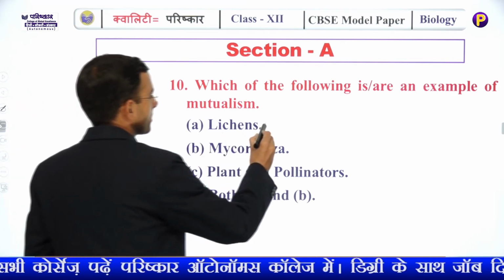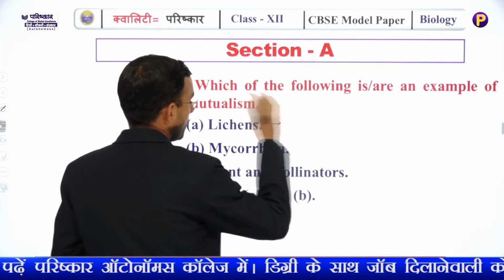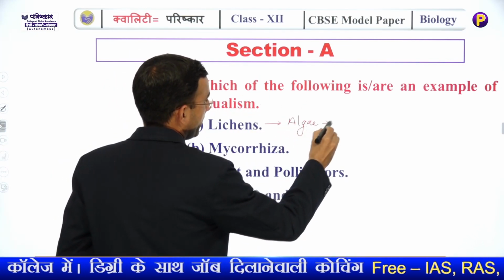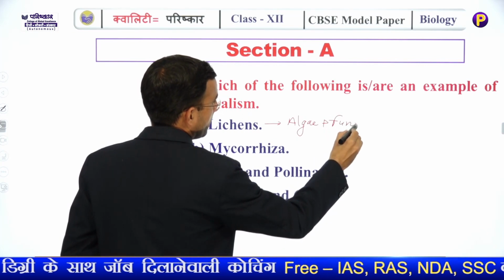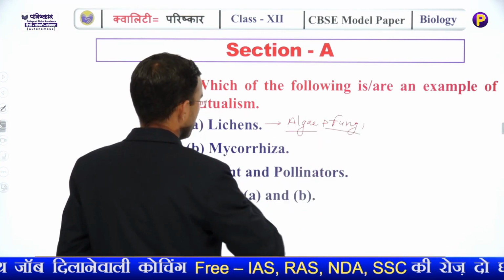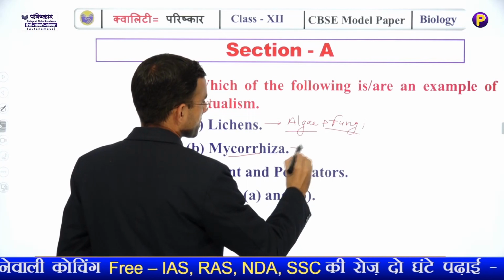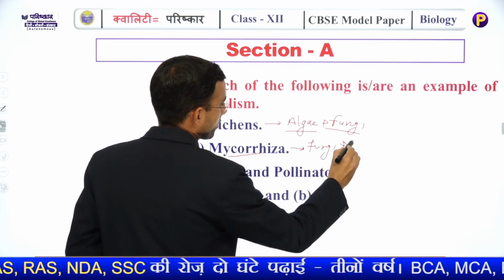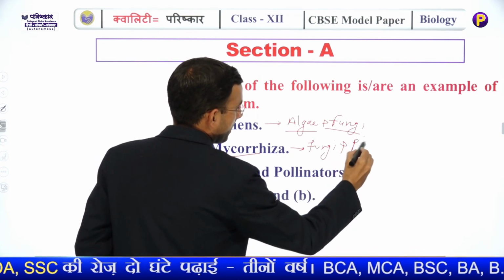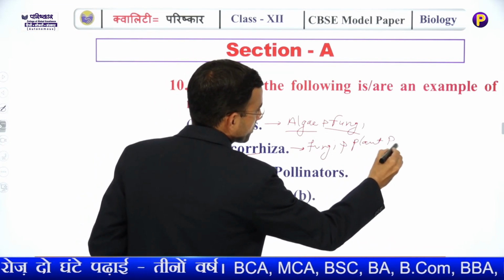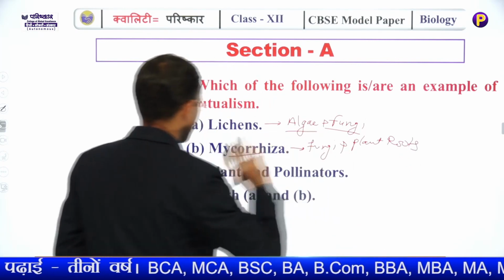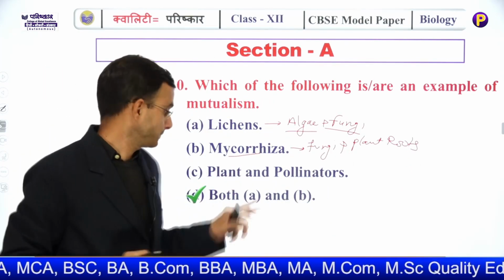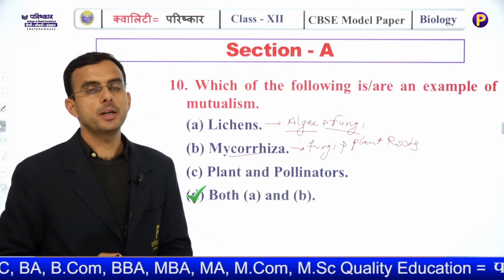Now look at this one. Lichen is the combination of algae and fungi, so both are benefited. Mycorrhiza is a relation between fungi and higher plant roots, so that is a combination between two. Now look at this very important one: plant and pollinators.